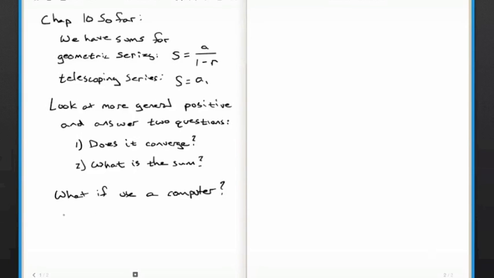For an example of that, let's look at the harmonic series, the sum as n equals 1 to infinity of 1 over n. Just to help with the notation, that was 1 over 1 plus 1 over 2 plus 1 over 3 plus dot, dot, dot.